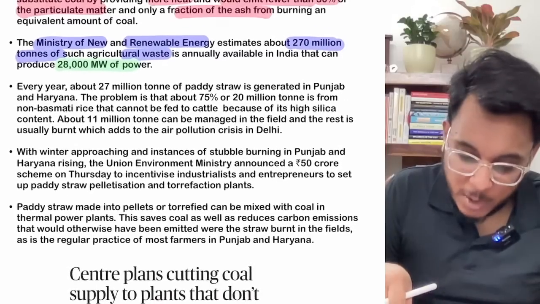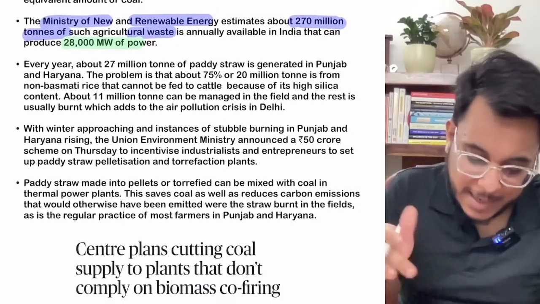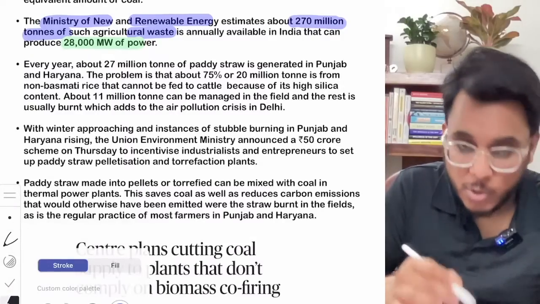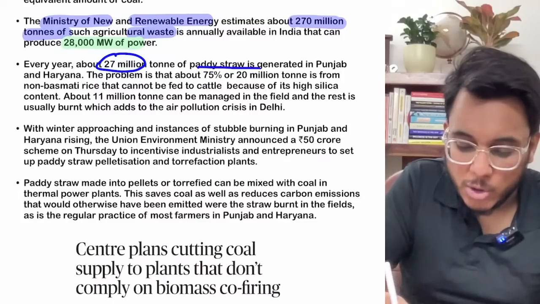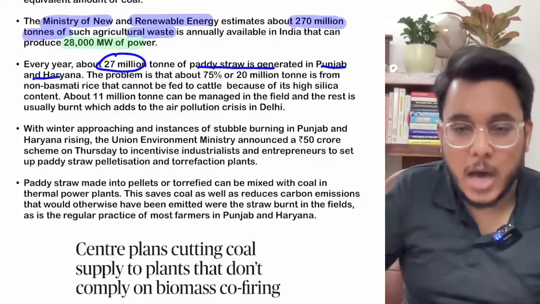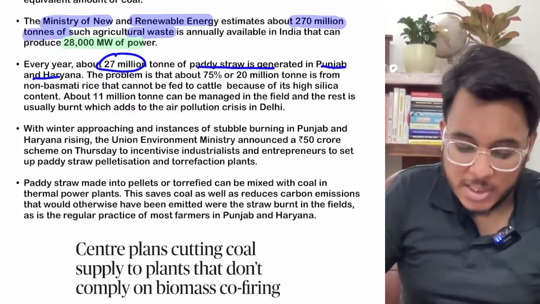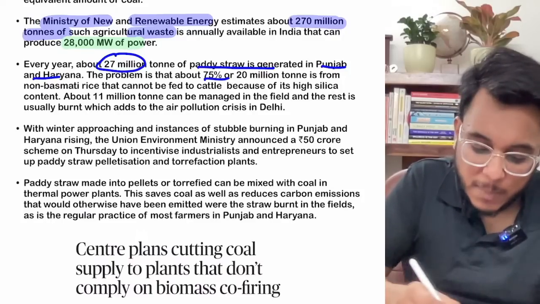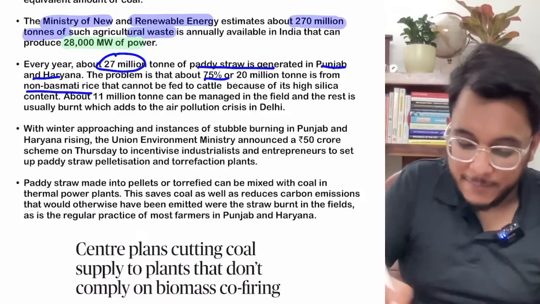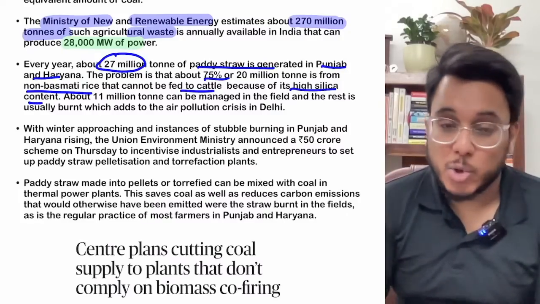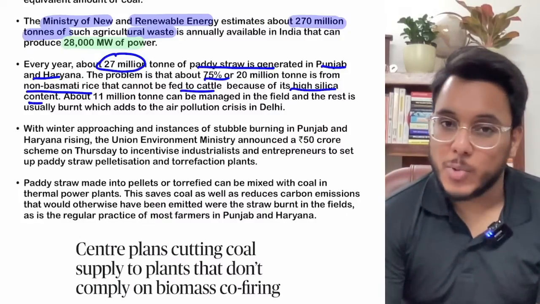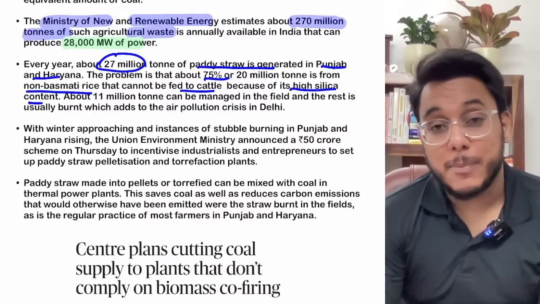Fine. Now in this direction, guys, understand that in North India, 27 million tons of paddy straw is generated in Punjab and Haryana alone. And 75% of the paddy is non-basmati rice, which cannot be fed to cattle because of the high silica content. So this paddy cannot be given to animals, and therefore the farmers burn it.